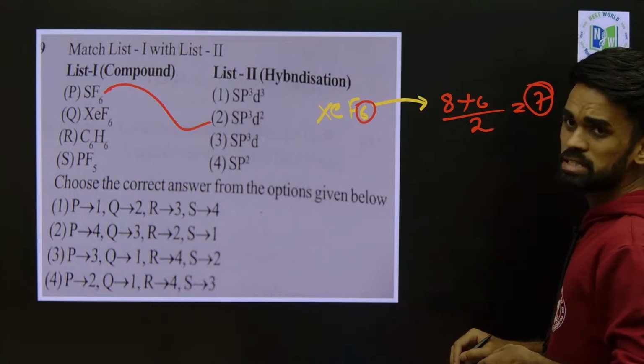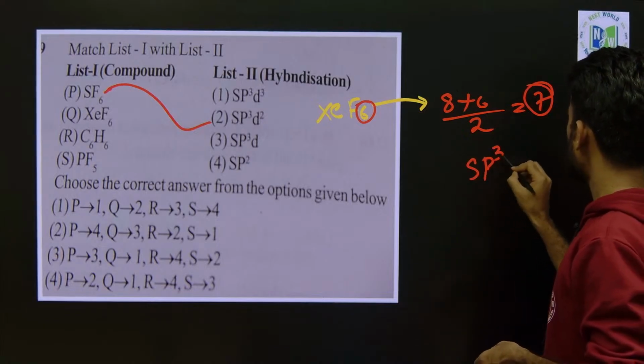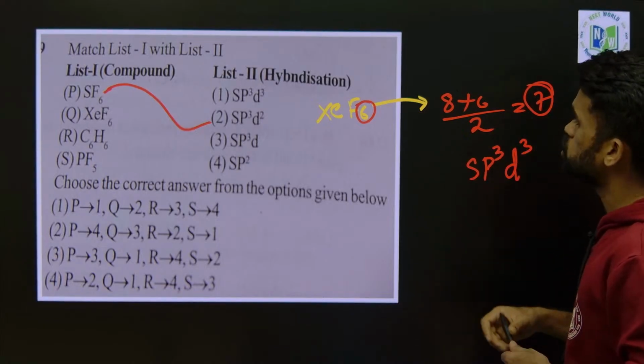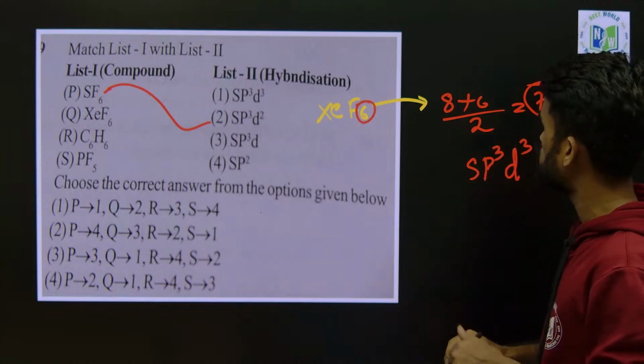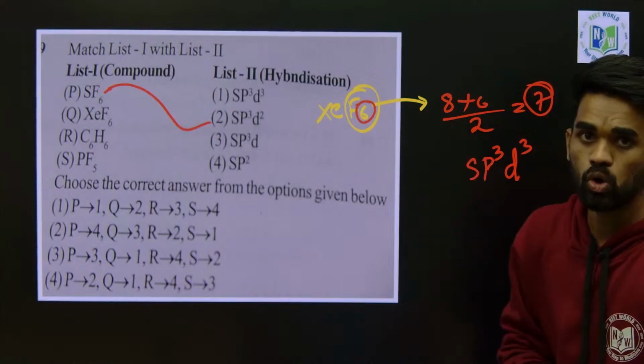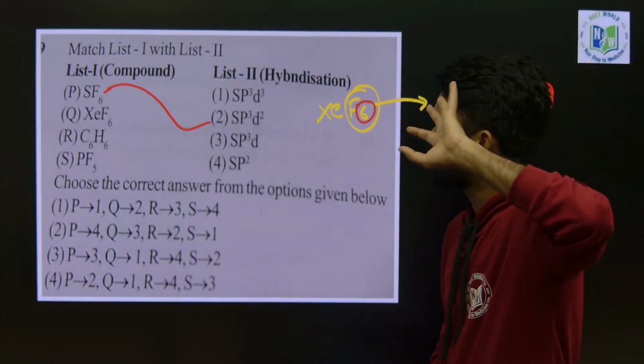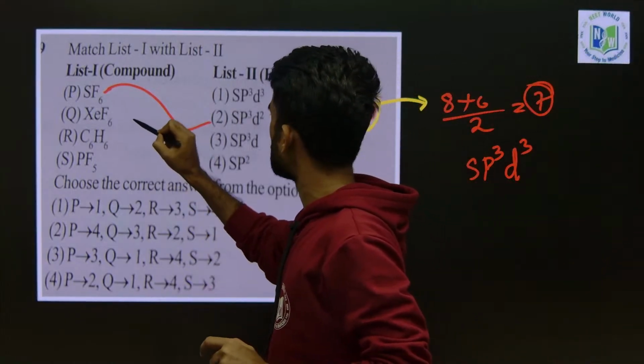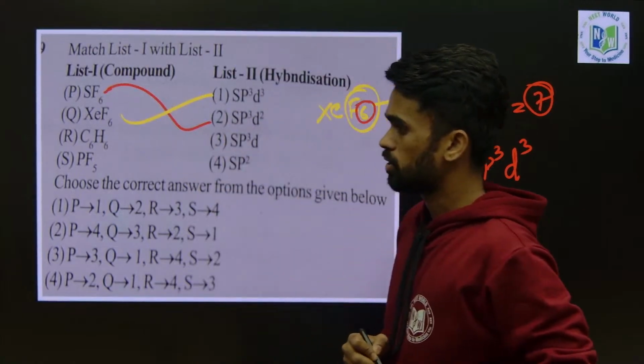So 7 means sp3d3. There should be 7 monovalent surrounding atoms, but we have only 6. It means the remaining one is a lone pair. By placing that lone pair, it becomes distorted octahedral. So this will be Q1.